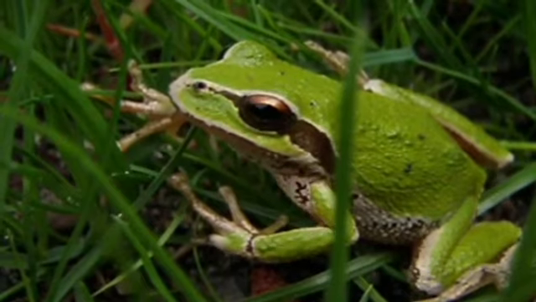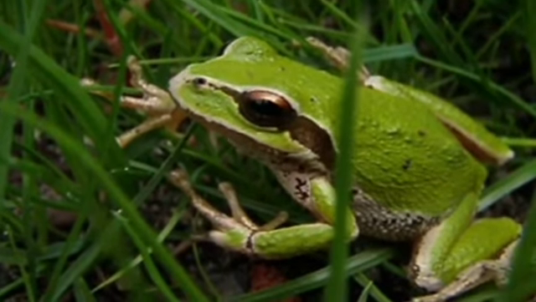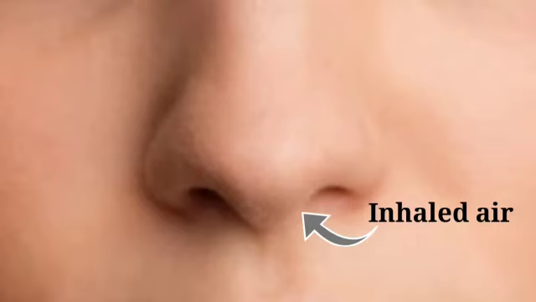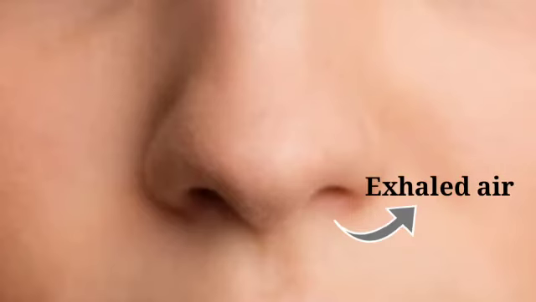All living things breathe so as to survive. We breathe through our nose, and the air we breathe in is called the inhaled air, and the air we breathe out is called the exhaled air.